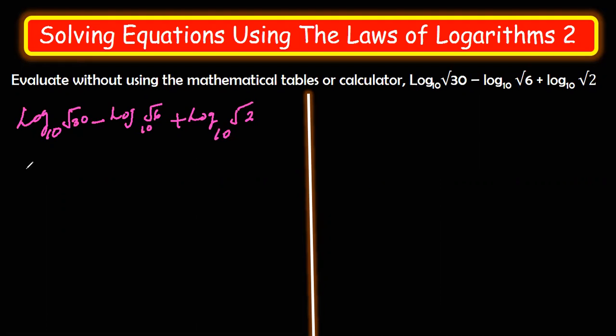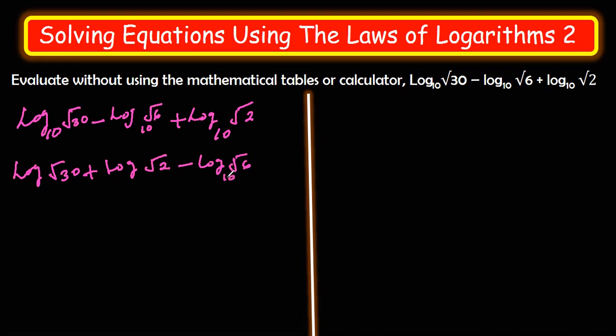So let's rearrange this. When we rearrange, we should have this plus log root 2 minus log root 6.